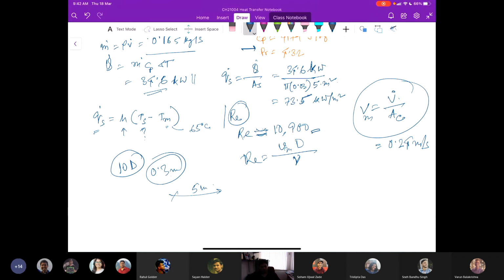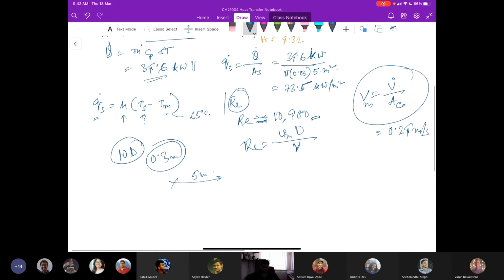So we can apply the Dittus-Boelter equation for calculating the Nusselt number and subsequently the convective heat transfer coefficient. So now someone tell me, what is the Dittus-Boelter equation? Look at the last note and tell me.